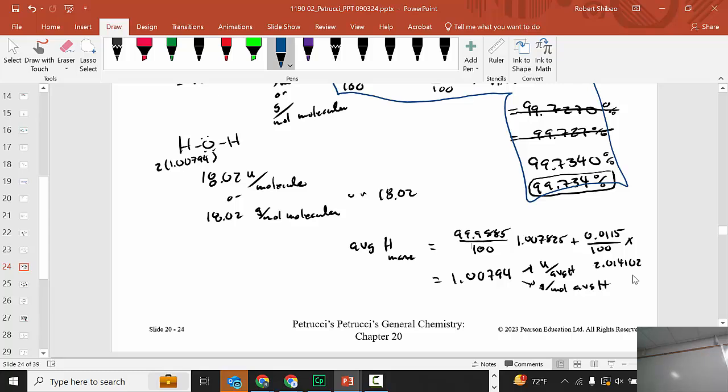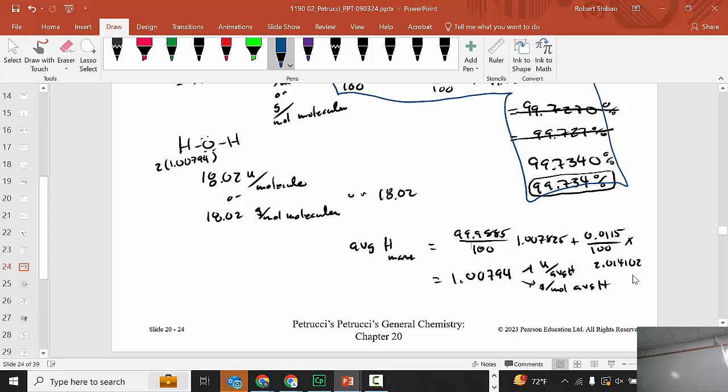To figure out the mass of an average hydrogen atom, we take the natural abundance, either decimal or fractional abundance, of H1. H1 weighs 1.007825. And then the fractional or decimal abundance of H2 times the mass of H2, which weighs 2.014102 U, and then we end up with 1.00794.